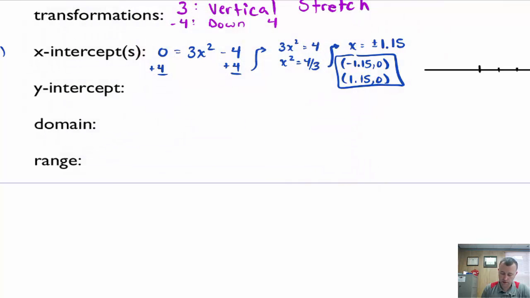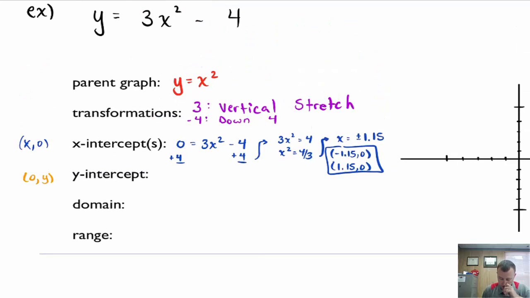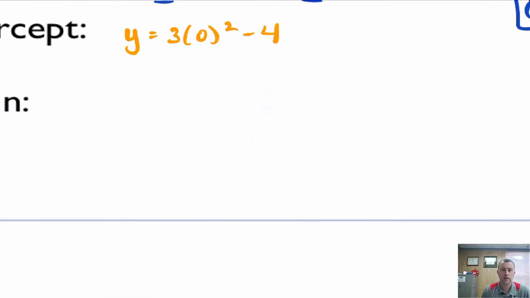Alright, your y-intercepts. It's orange, yep. So that's going to be 0, comma y. We're going to plug in 0 for x and evaluate. So got your function up here. It's going to be y equals 3 times 0 squared minus 4. And if you kind of look at this, it works the same way as slope-intercept form.